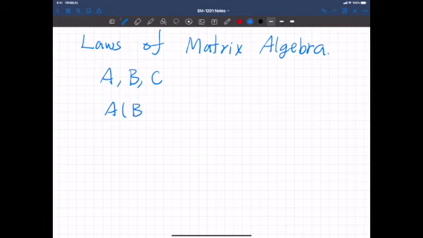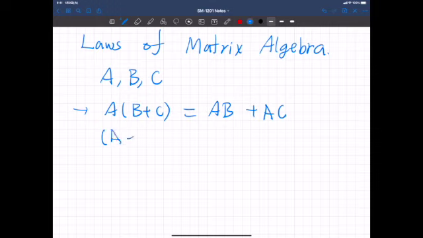A times (B plus C) is equal to AB plus AC. So this is a distributive law. And the same for multiplication from the right. So this is multiplication of A from the left, and this is multiplication of C from the right, AC and BC.